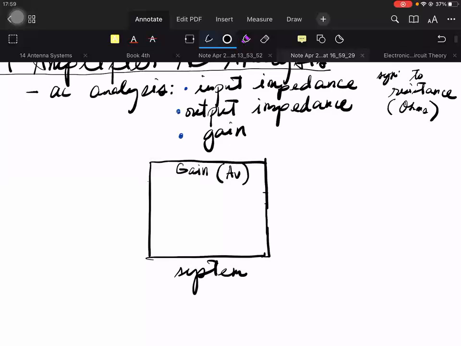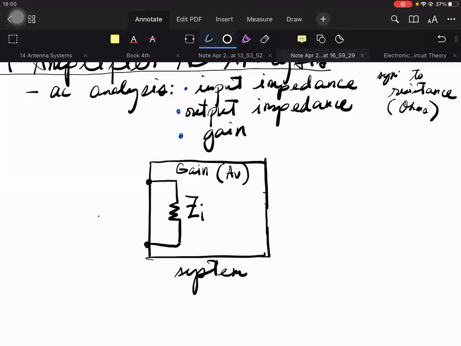So where will we put our resistor? Right here. This is the input impedance, denoted by this character, ZI.